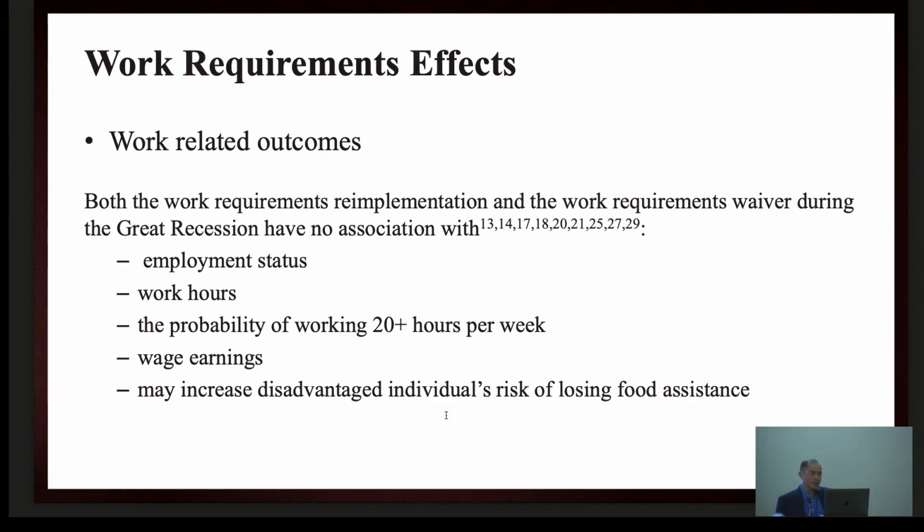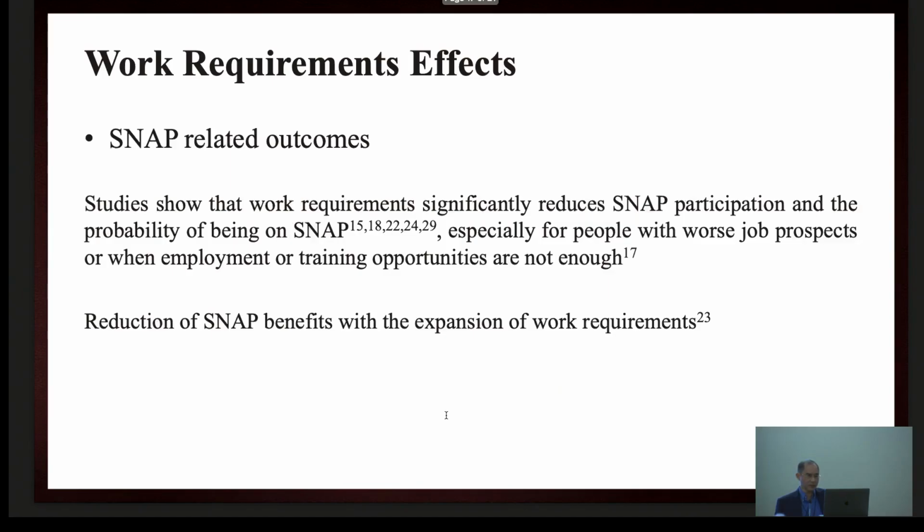So what are the impacts of these work requirements in terms of work-related outcomes? The bottom line here is the literature is really saying there's not much effect, right? In terms of employment status, work hours, probability of working, wage earnings, and so on, okay? But it's got significant effect on SNAP participation, as you might expect.